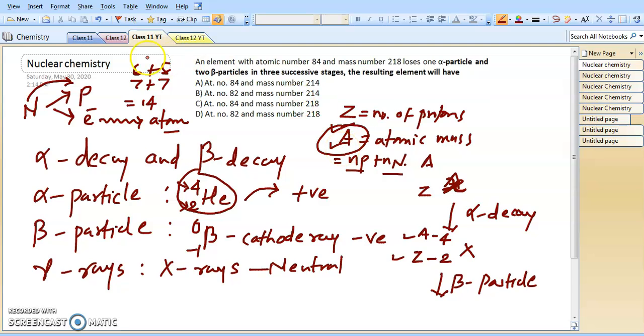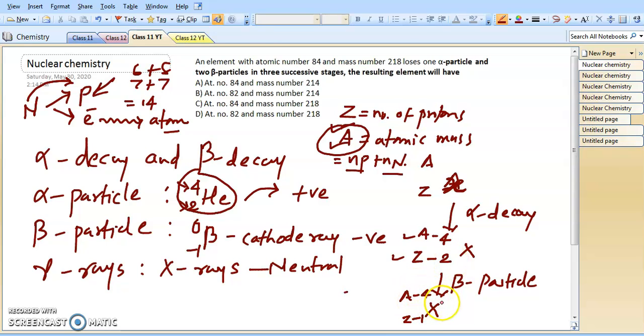But what happens? One proton increases, and when the proton count increases, the atomic number changes. So for beta decay, X with A minus 4 stays A minus 4, and Z minus 2 becomes Z minus 1, because Z minus 2 was the number of protons and now one proton is added.